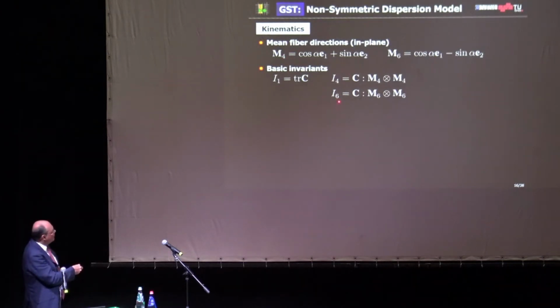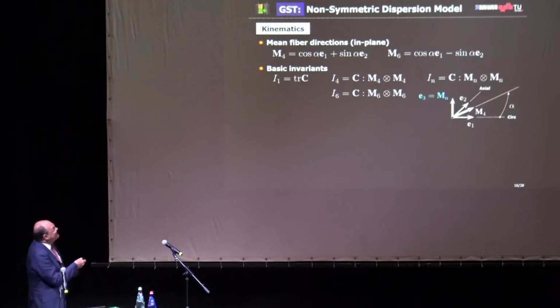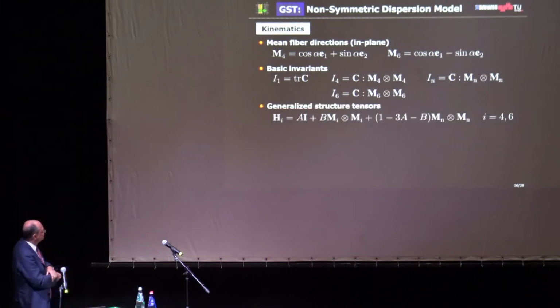Then you have the I4 and the I6, which is a double contraction of the right Cauchy-Green tensor with a dyadic product of this mean fiber direction. And here we have an additional invariant with Mn. And Mn comes from the cross product between M4 and M6. You see, Mn is basically the orthogonal vector to this plane of M4 and M6.